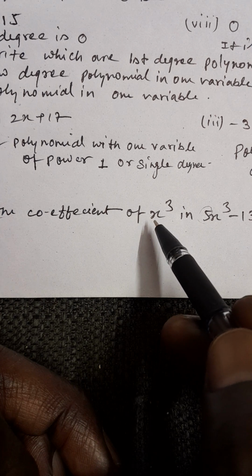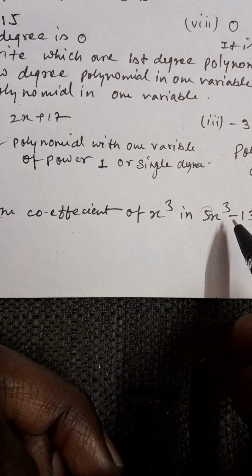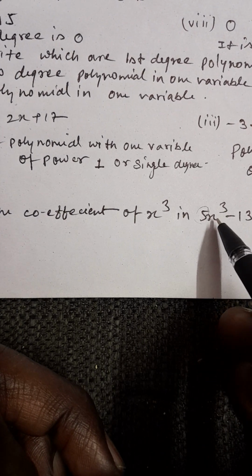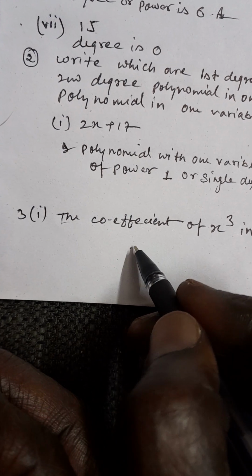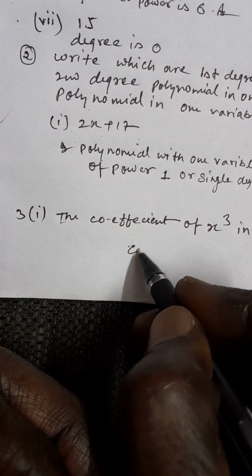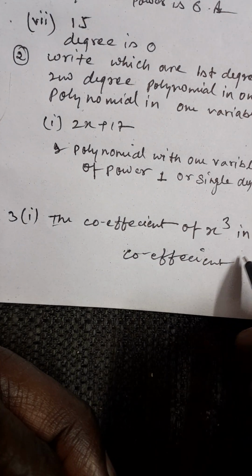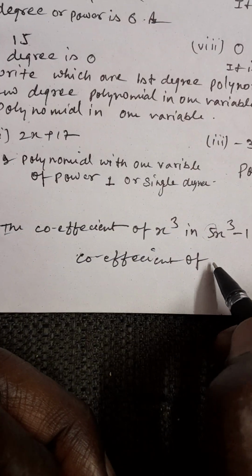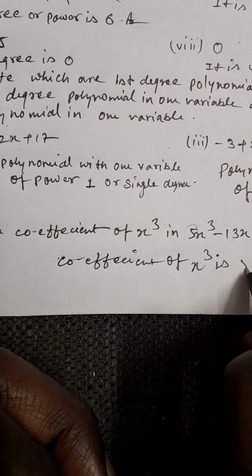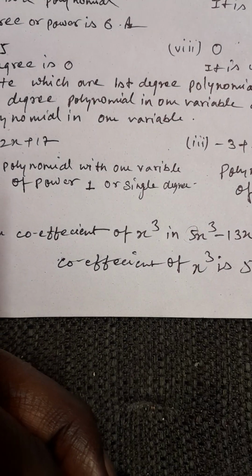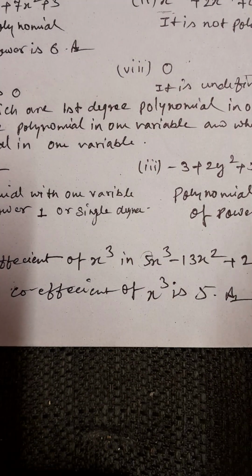Here we can see this is x cube, so the coefficient of x cube is 5. 5 is the answer.